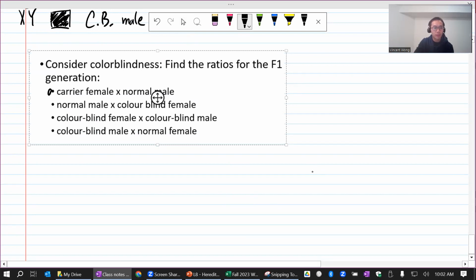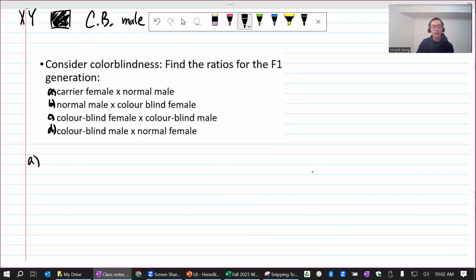So let's call them A, B, C, D. Now let's do A. In A, we have a carrier female and a normal, as in normal vision, male. So carrier female is XXC. If you don't put the C, then it's normal for both alleles, right? But she's a carrier, so one of them is going to have the colorblind allele on it. Cross with a normal vision male.